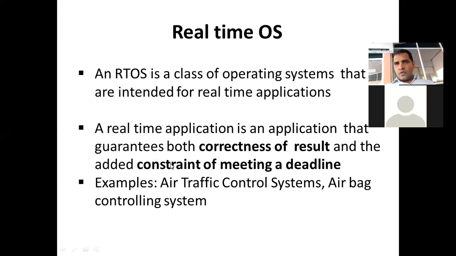Then the third one, single user multitask: one user, but he or she can perform many tasks at a time. Examples are all the operating systems which we use now, right? Windows 7, Windows 8, Mac OS, Ubuntu, anything. Finally, real-time OS. This is used for real-time applications, right?